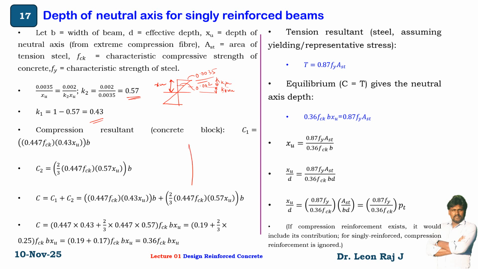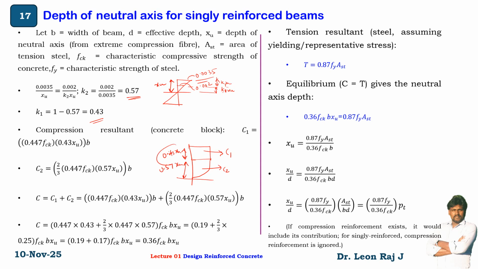So this is the stress block. First portion is rectangular and another portion is parabolic. So this is C1 and this is C2. C1 is nothing but breadth into depth. This depth is nothing but 0.43 XU and this is nothing but 0.57 XU.